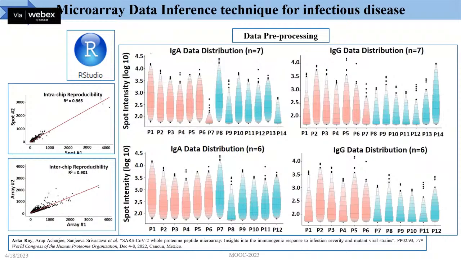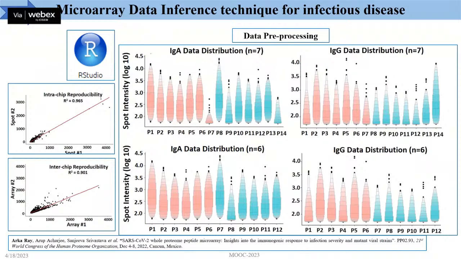This is nothing but intrachip. So spot 1 versus spot 2 deviation should come close to each other. So definitely intrachip reproducibility should cross the value of 0.9 minimum. If we find it approximately more than 0.9, then we proceed further. Otherwise, we definitely rethink about the chip and consult with the companies.